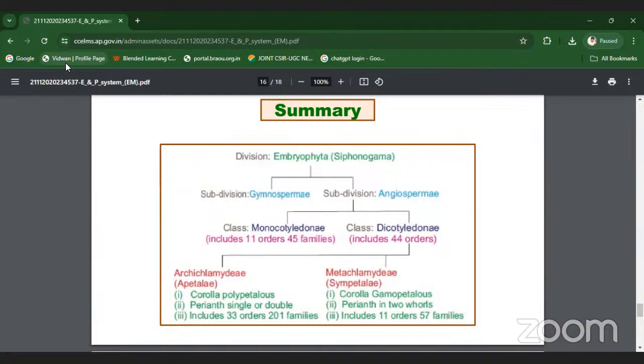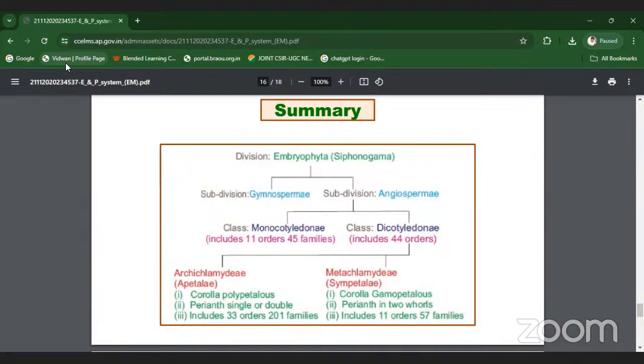In each order, there are different families. Magnoliales, 8 families, Illiciales, 2 families, like that. Just write the number: 2 families, 3 families, number enough. Right? Division name, subdivision name, order name, just the number of families.